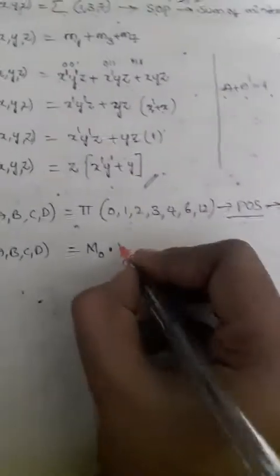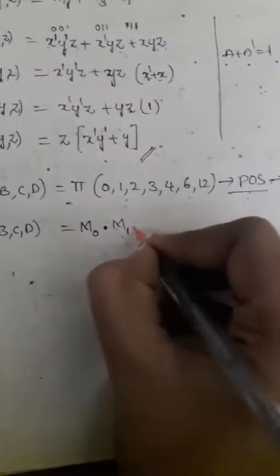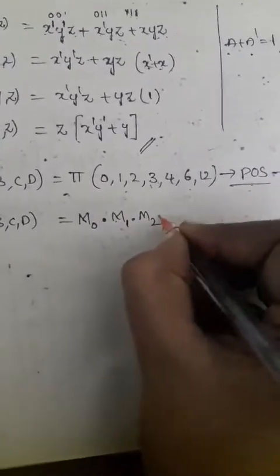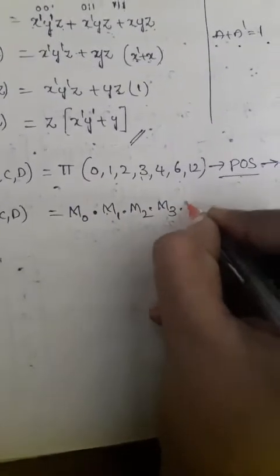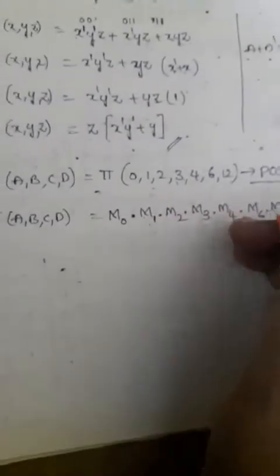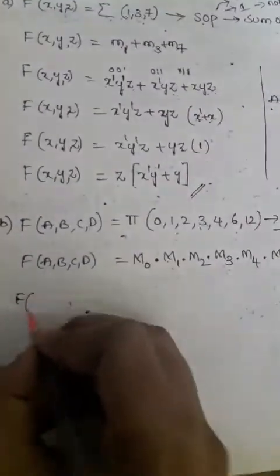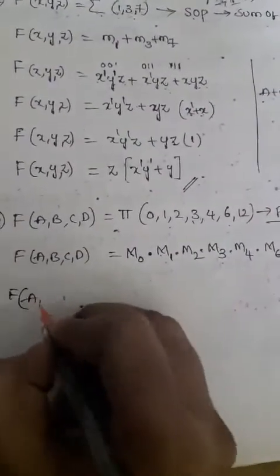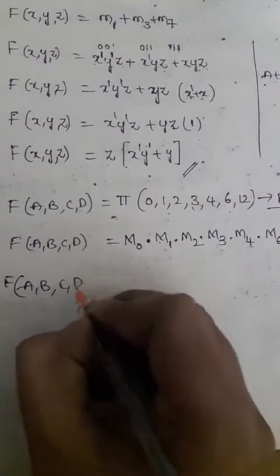So that's why I can write here m0 into m1 into m2 into m3, next m4, m6 into m12. Okay, so now these values will be decoded into binary numbers. So this expression is decoded into binary numbers.